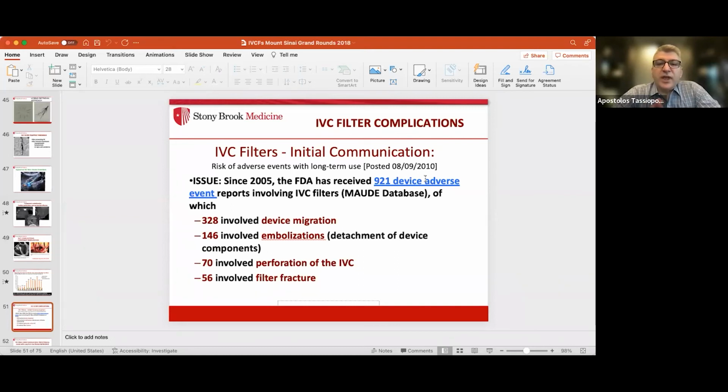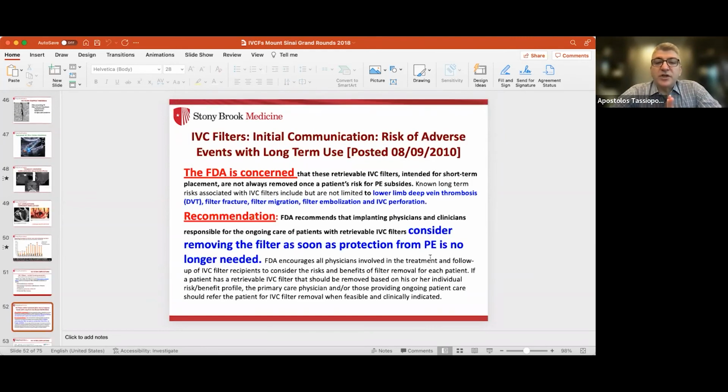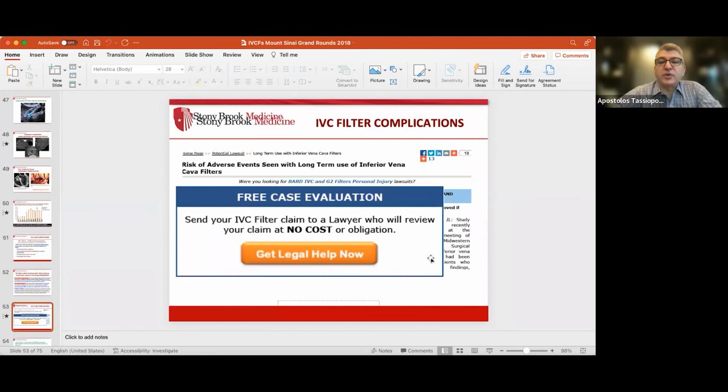So based on some of the complications reported in 2010, there was a communication from the FDA saying that they received 921 device adverse events and that they were concerned. Their recommendation was that implanting physicians and clinicians responsible for the ongoing care of patients with retrievable filters consider removing the filter as soon as protection from PE is no longer needed. Keep that statement in mind, because it has led to a number of issues with litigation.